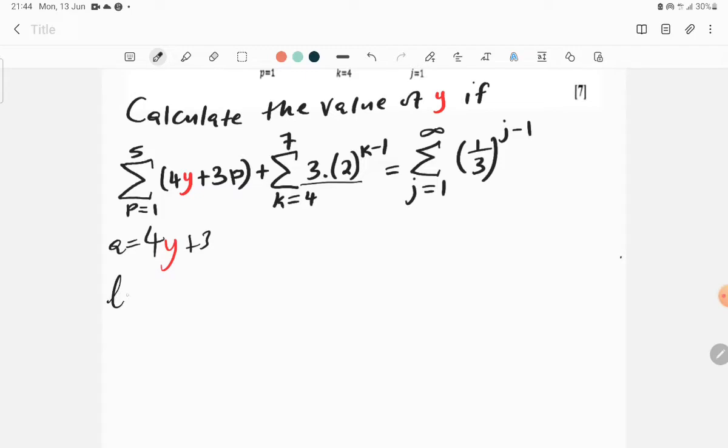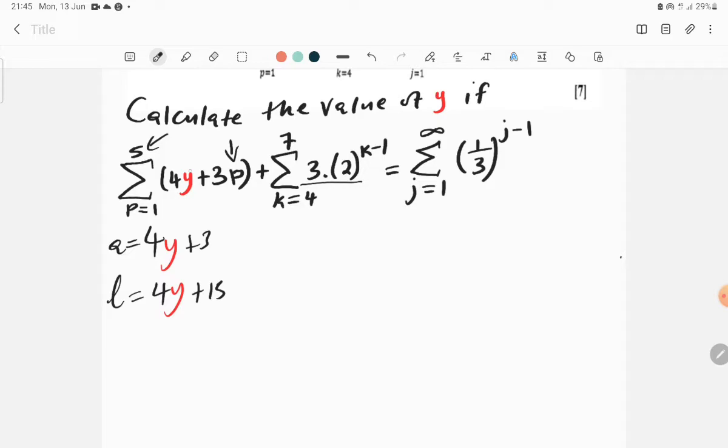Then we can also find our last term, which is 4y plus 3 times 5. We put 5 here, because we are going to put the last position anyway. The last position is position 5. So we have 15, because 3 times 5 is of course 15.